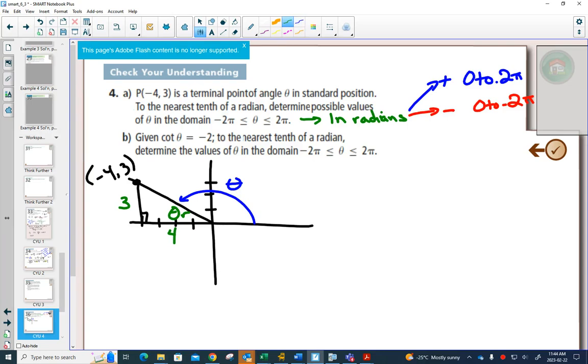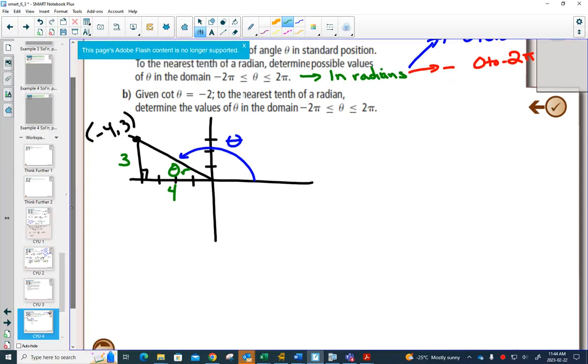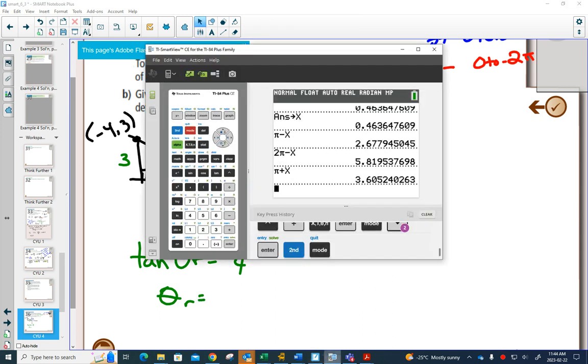The difference, though, is that instead of having my calculator in degrees, I now have my calculator in radians. So I would write that tan of my reference angle is opposite over adjacent. Then I go to my calculator and I would do second tan inverse of 3 divided by 4.